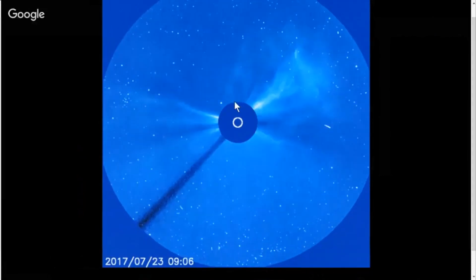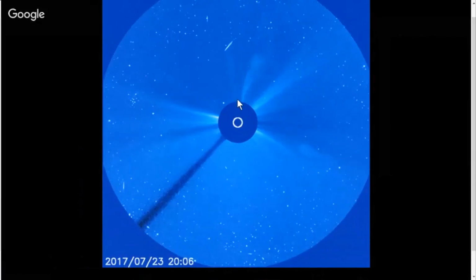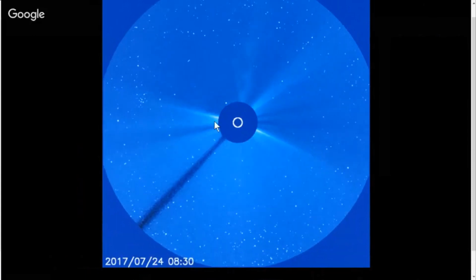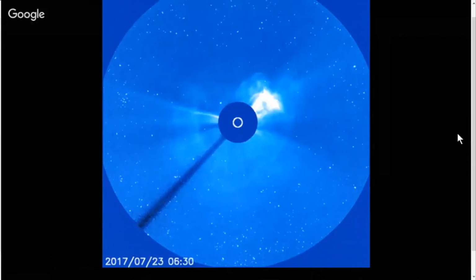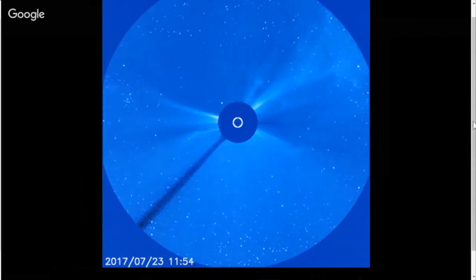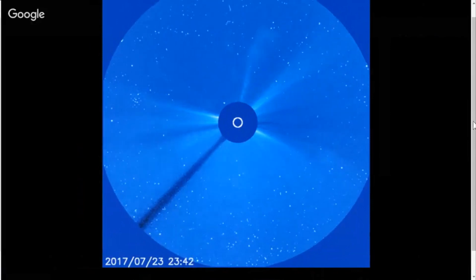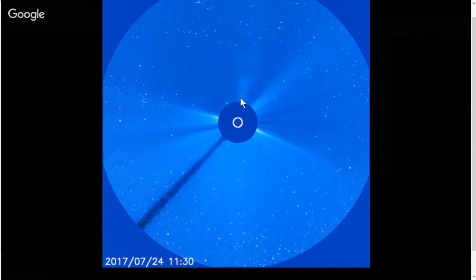What Pete's talking about, if you pay attention, right up here where my cursor is, you're going to see the continual venting here. Most definitely. Now, that's definitely on the back side where that sunspot, AR 2665, should be located about right now. Yeah, that's definitely right. There's no doubt about that.